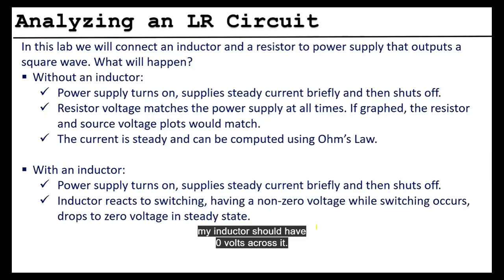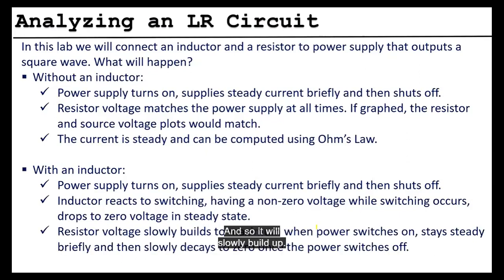And by steady state, I mean that brief time in the middle when my power supply is neither turning on nor turning off. The presence of the inductor and the fact that it will, for brief periods of time, have a voltage across it is going to change the behavior of the resistor voltage. So now, instead of the resistor immediately jumping up to have a voltage that matches the power supply, it instead has to share voltage with the inductor.